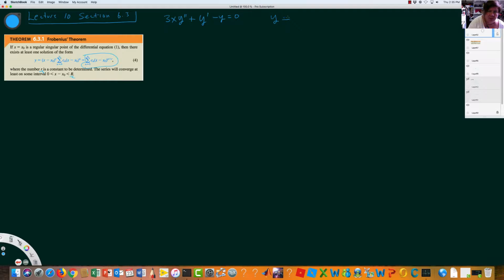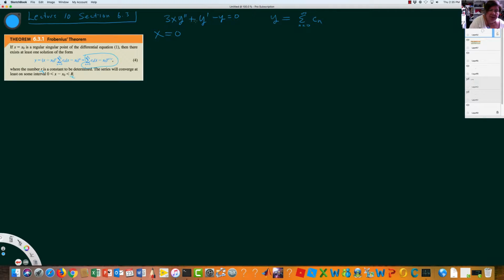So we have the sum from n equals 0, and then Cn, and then x minus x naught, but we're expanding around 0. And notice that 0 is a singular point of this. But by the test, if we put this into normal form, we get y double prime plus y prime over 3x minus y over 3x.